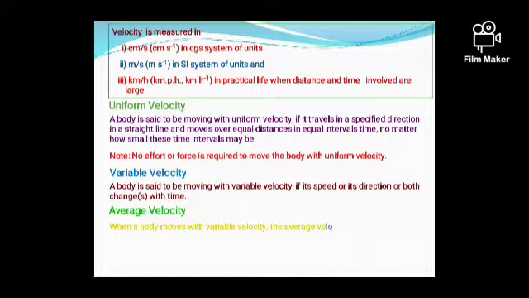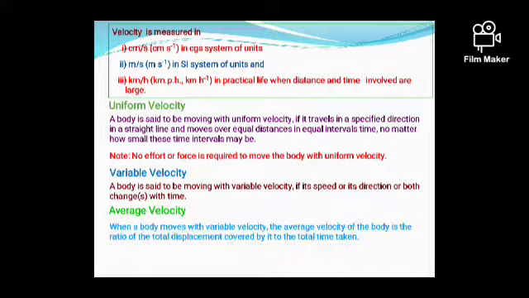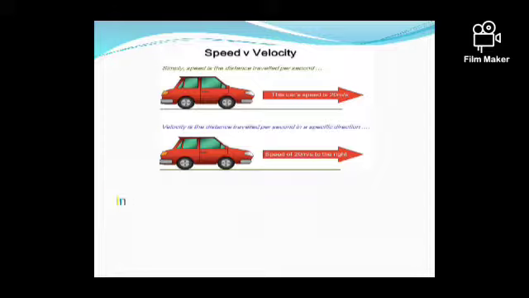When a body moves with variable velocity, the average velocity of the body is the ratio of the total displacement covered by the body to the total time taken. Total distance not here, total displacement by total time taken. Average velocity is also measured as initial velocity plus final velocity divided by two.